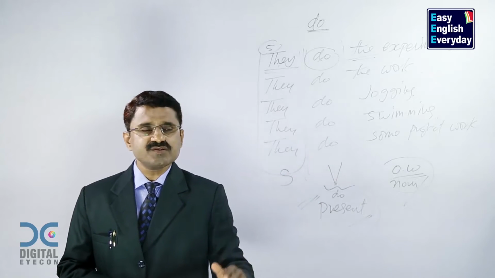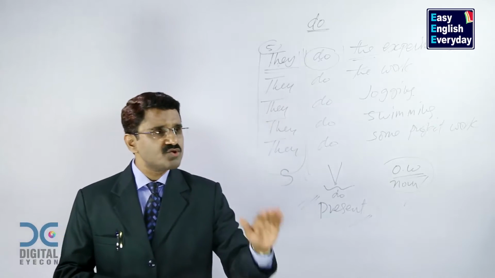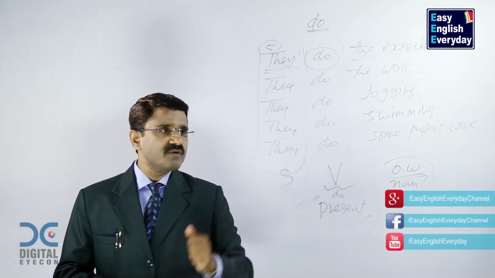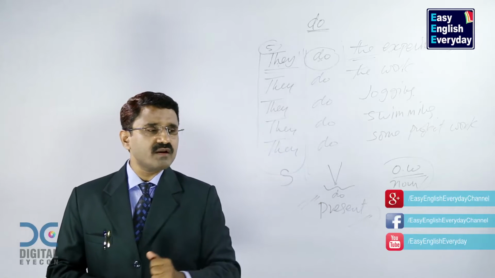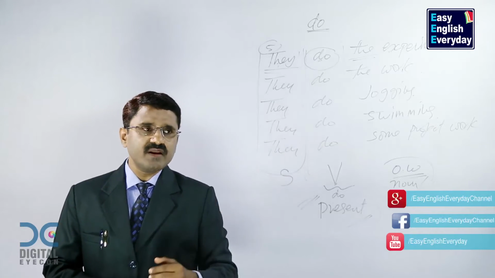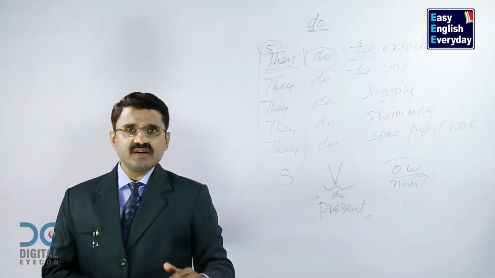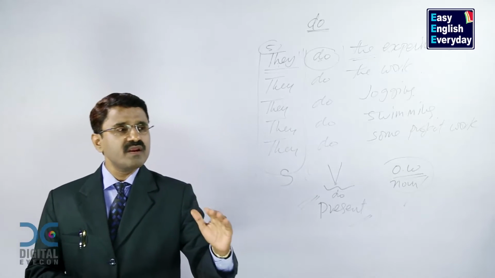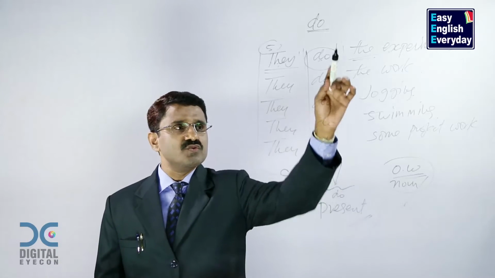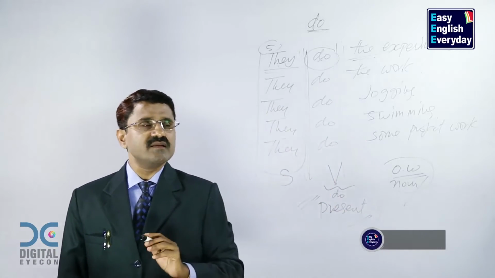They do the experiments, they do the work, they do jogging daily, they do swimming very well, they do teaching very well, they do the homework regularly, they do the classwork regularly, they do cooking very well. So all these examples indicate regular, routine, permanent actions. We are concentrating on do. So make sentences like this.